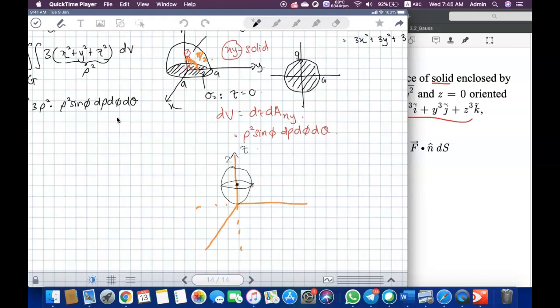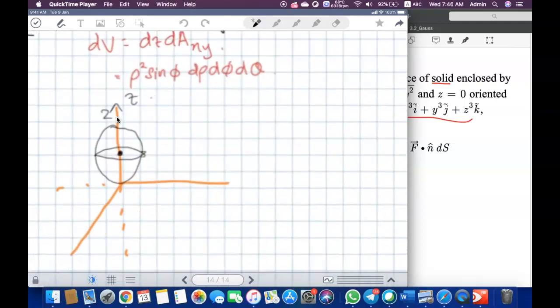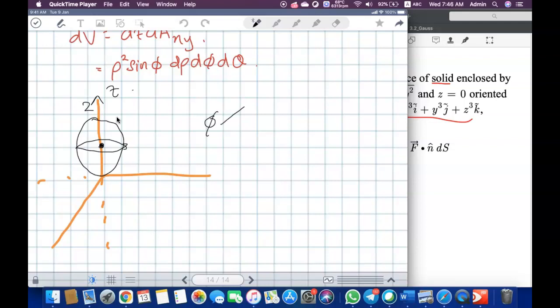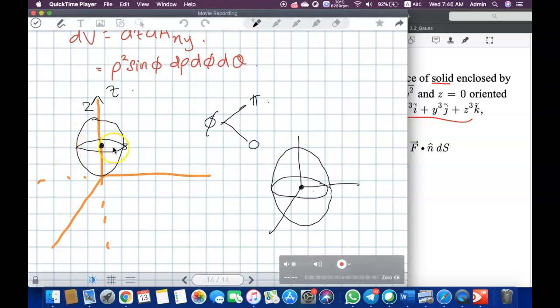When we want to determine the phi, you cannot just take 0 to pi, because that is for a sphere where the center is at the origin, but this one is now shifted, so the phi value does not change.